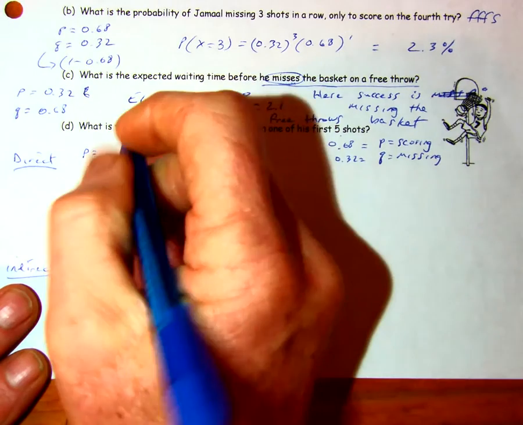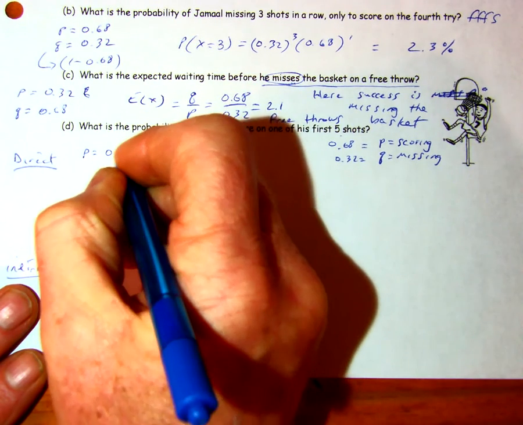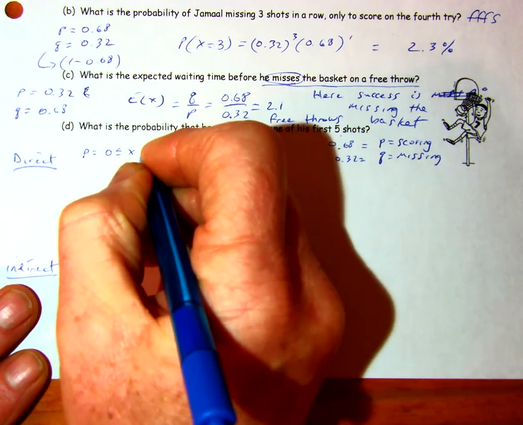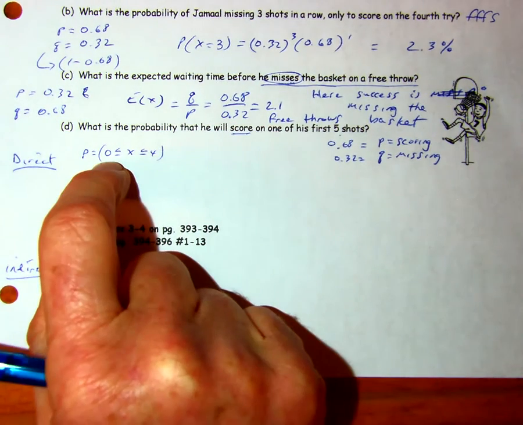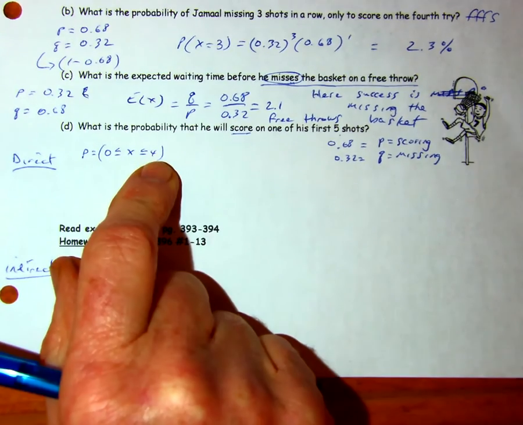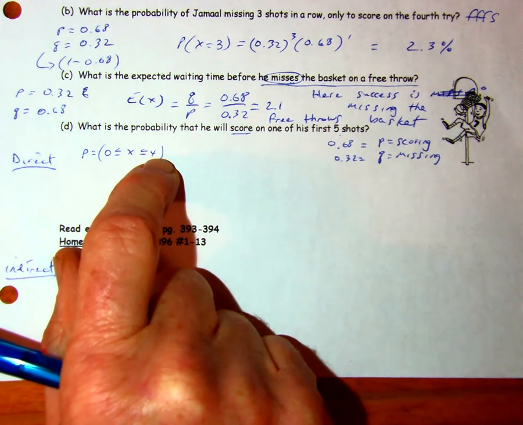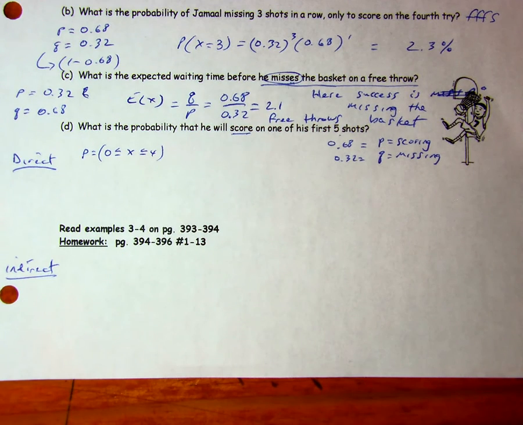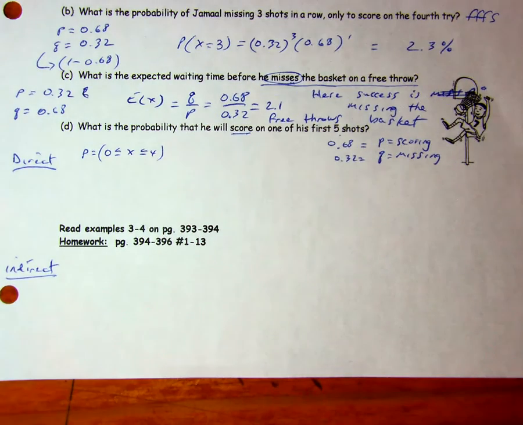So the number of unsuccessful ones, X, is going to be between 0 and 4. If X is 0, it means he's got the basket right away. If X is 4, he's got 4 unsuccessful trials, and he'll for sure make it on his 5th. What it didn't say in the question is that he stops shooting when he makes a basket.